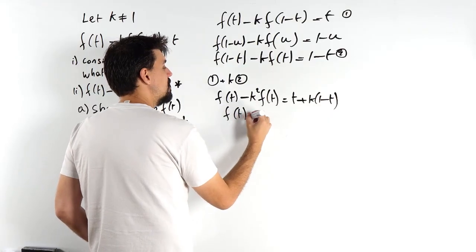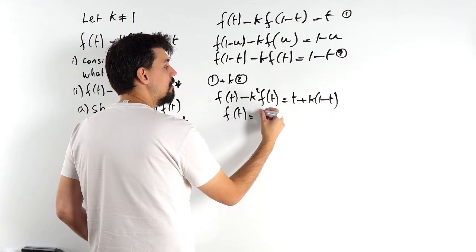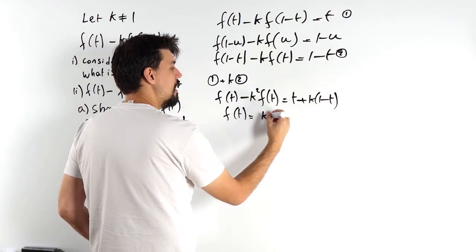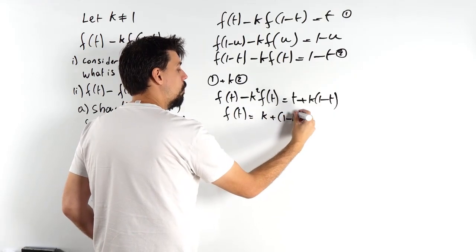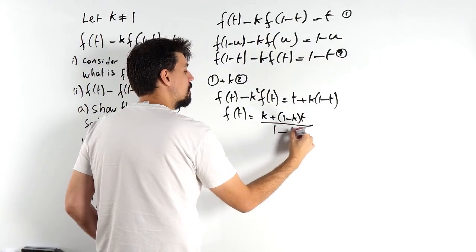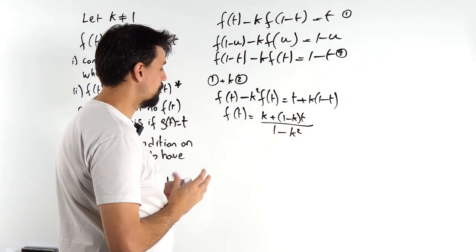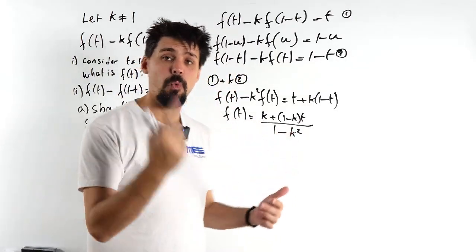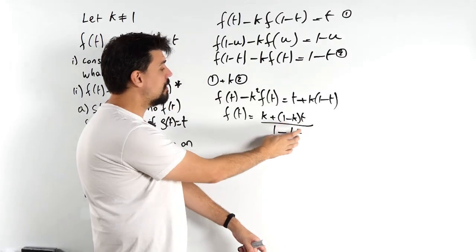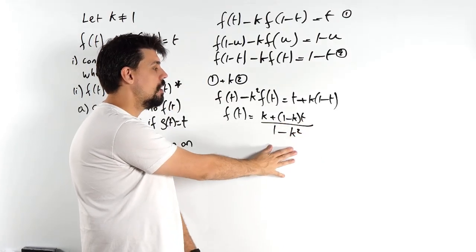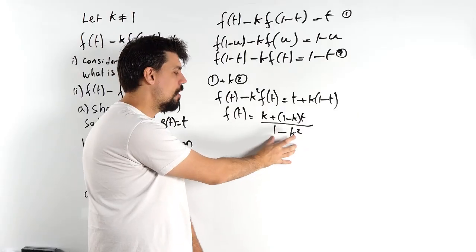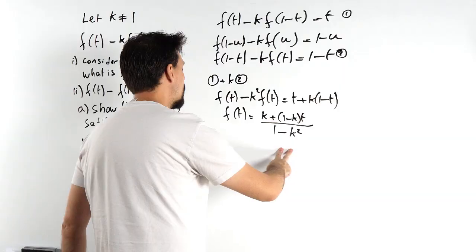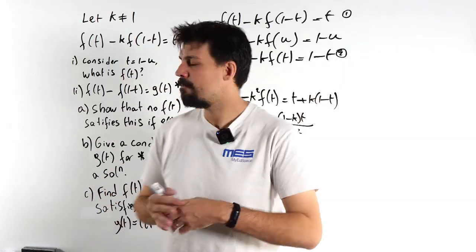So f of t, we can factorize out there, is k plus 1 minus k lots of t over 1 minus k squared. And this is where we see the importance of k not being equal to 1, because if k is equal to 1, we would end up dividing by 0 here, which is no good. Okay, so that's why k can't be equal to 1.